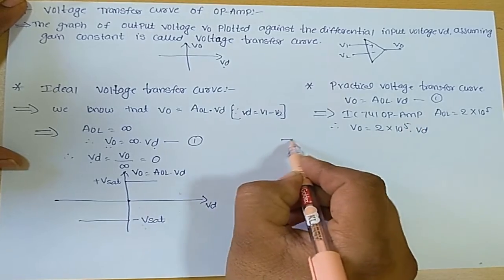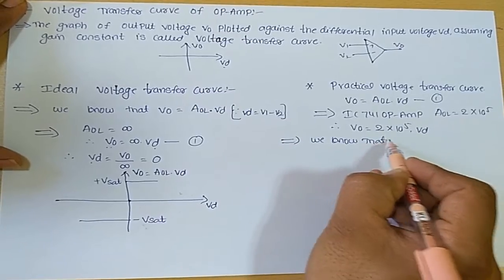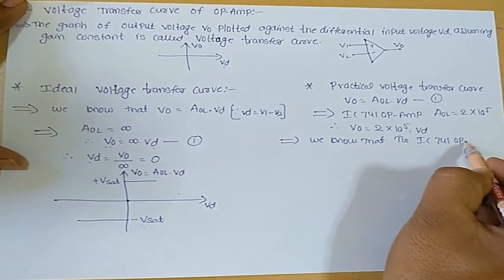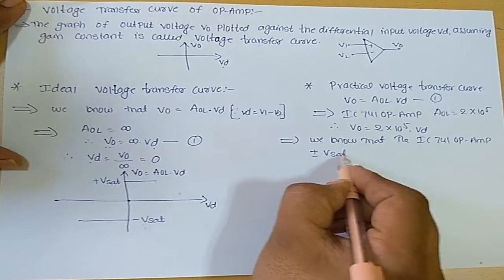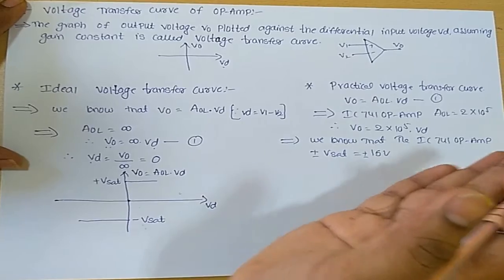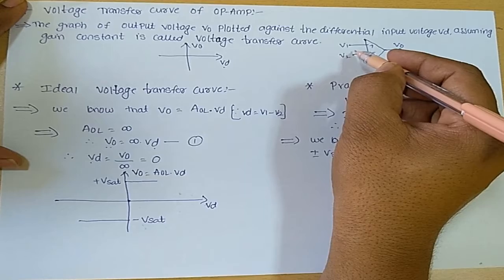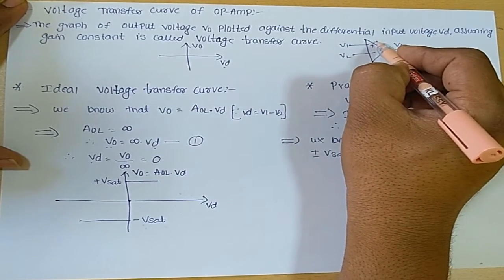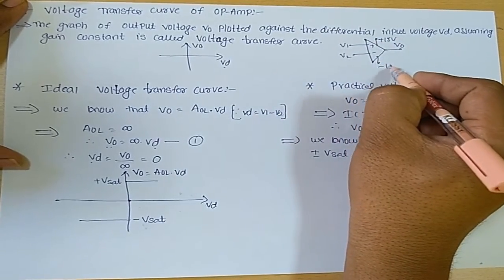We know that for the IC741 operational amplifier, the saturation voltage, plus or minus Vsat, equals 15 volts. Here we consider 15 volts. The output depends upon the supply voltage. For example, the supply voltages of this operational amplifier are plus 15 volts and minus 15 volts.